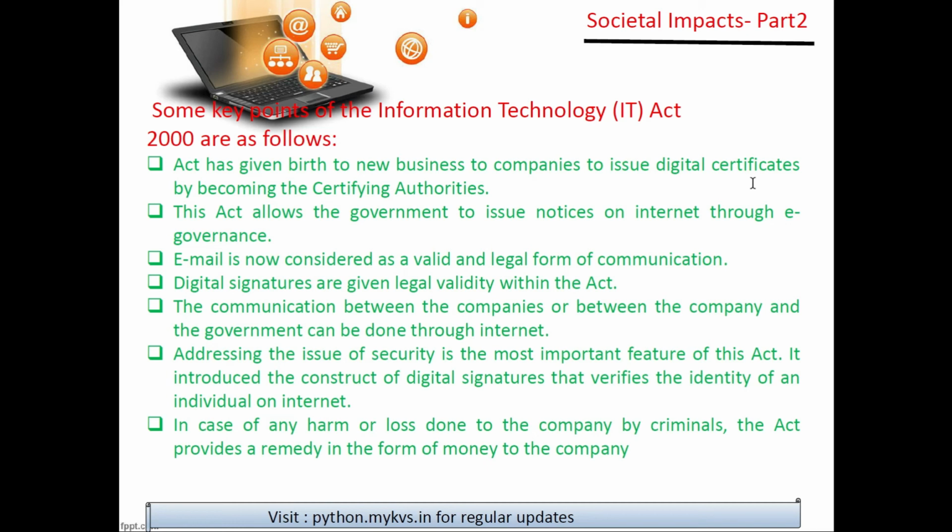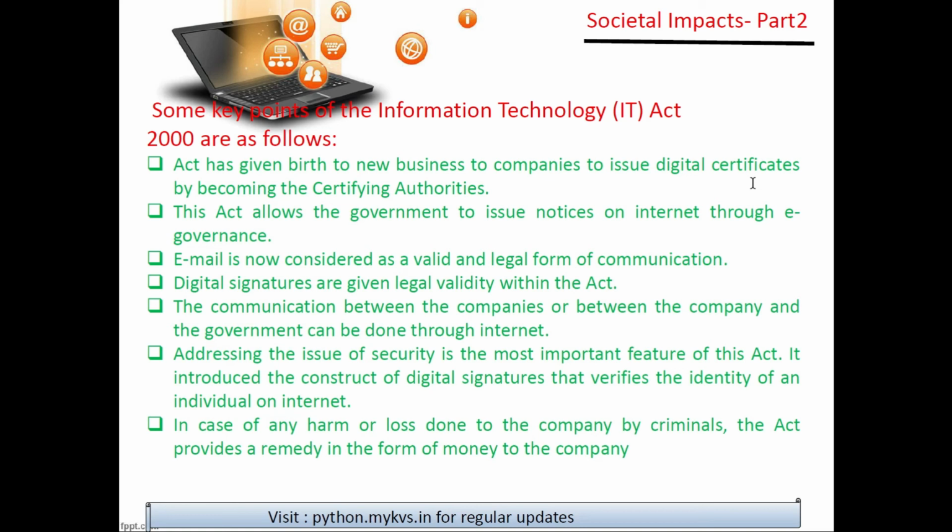There are many e-governance activities going on nowadays, like e-passport, e-tax, income tax filing. If you want some legal aid through e-governance, you may get it, so no need to go to that particular place. If you want to deposit your GST taxes, that also can be done.